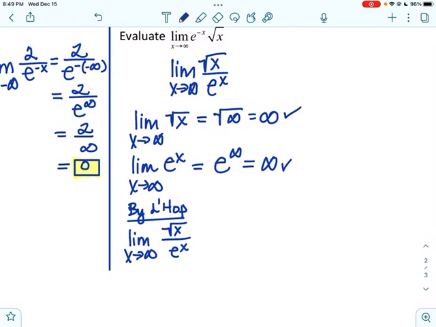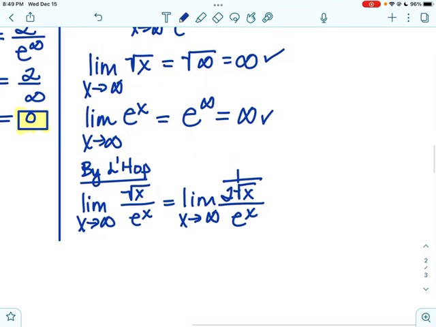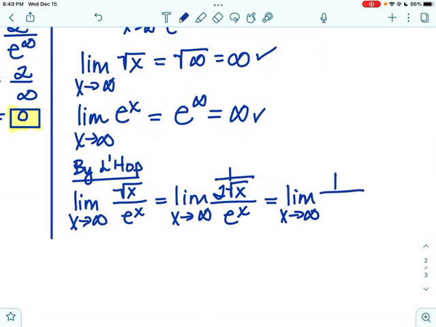Then that would be equal to the limit as x approaches infinity of 1 over 2 square roots of x over e to the x. Okay. So now if I straighten this out a little bit, which is equal to the limit as x approaches infinity of 1 over 2 square roots of x e to the x, kind of put parentheses around that, if you will.